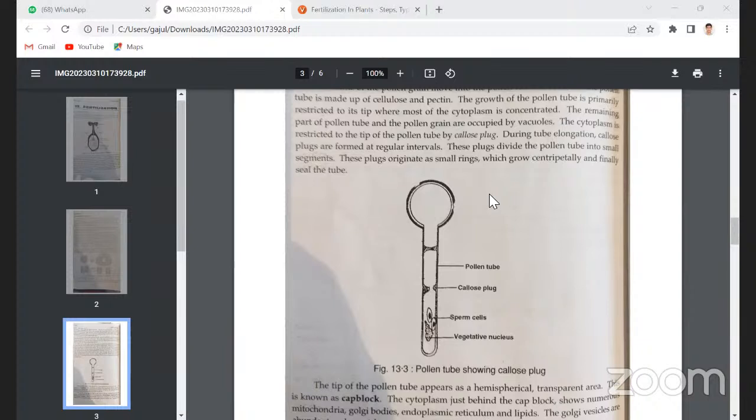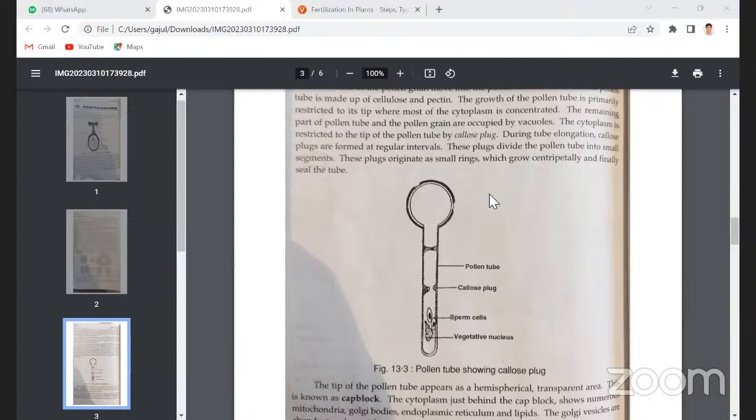The wall of the pollen tube is made up of cellulose and pectin. The growth of the pollen tube is primarily restricted to its tip, where most of the cytoplasm is concentrated. The remaining part of the pollen tube and the pollen grain are occupied by vacuoles.